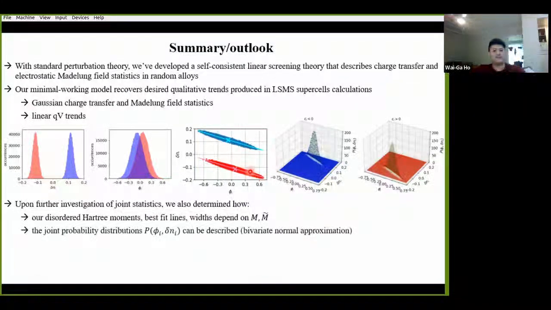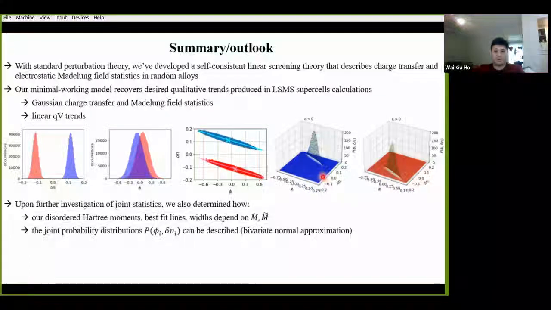We then investigated these joint statistics a bit more carefully, and then figured out how to describe the statistical moments like the means, covariances, variances, and such in terms of our m and m tilde response functions. We also figured out how to determine the line of best fit, as well as the statistical spread about the line, using the same language with m and m tilde. Finally, we came up with an approximate description of the joint probability distribution in the phase space spanned by delta n and phi.